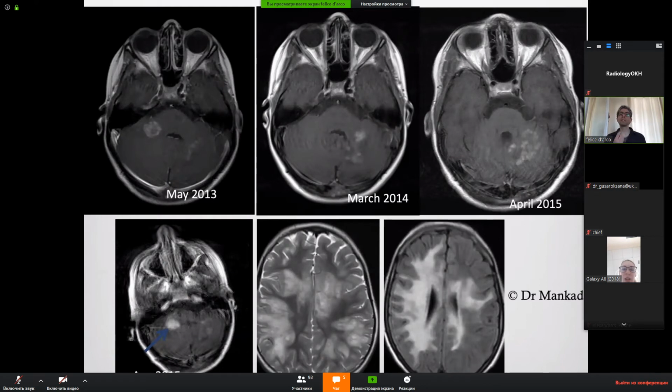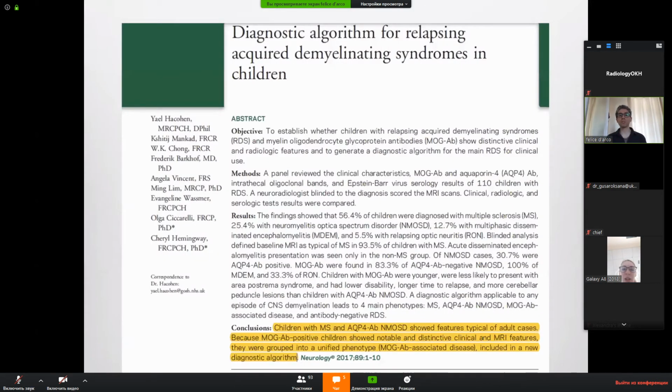If you want to understand what recurrent ADEM is, you need to read this paper. This is a beautiful paper from Yael Hacohen and Shelley Hemingway from our group. She studied a lot of the relapsing acquired demyelinating syndromes, all of them.